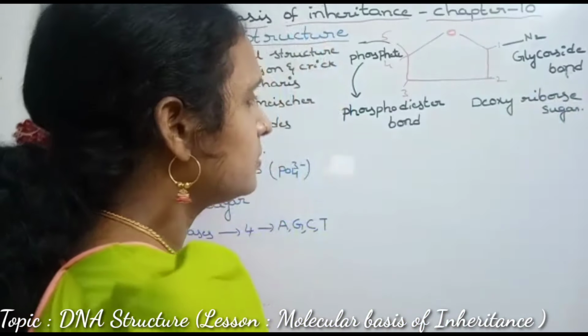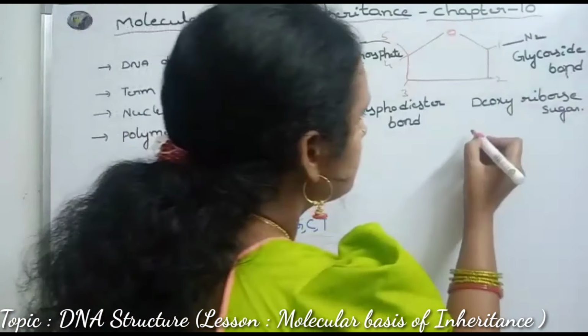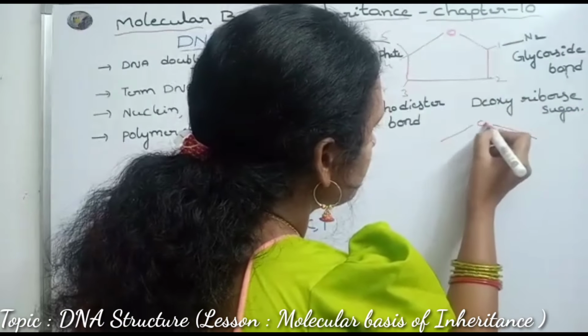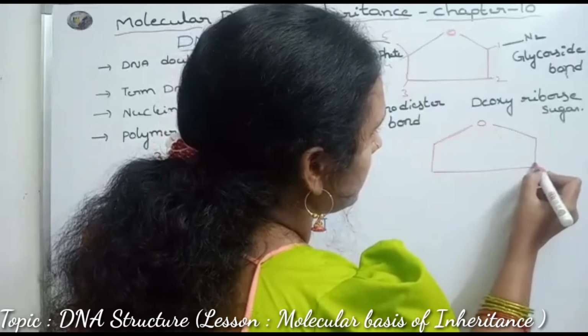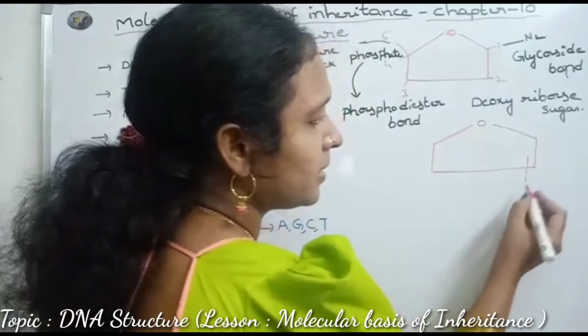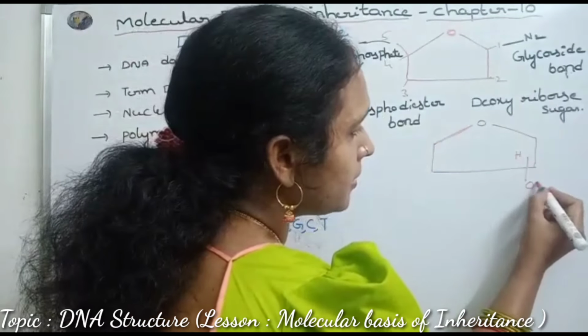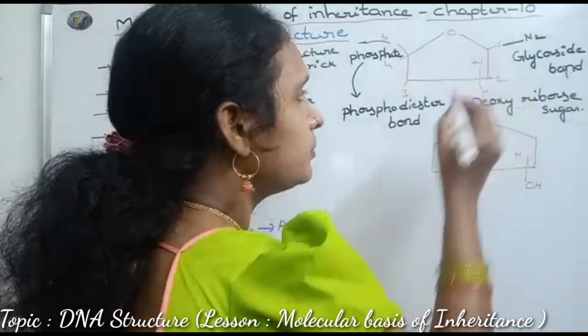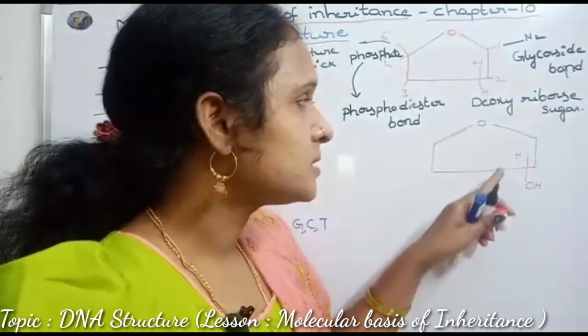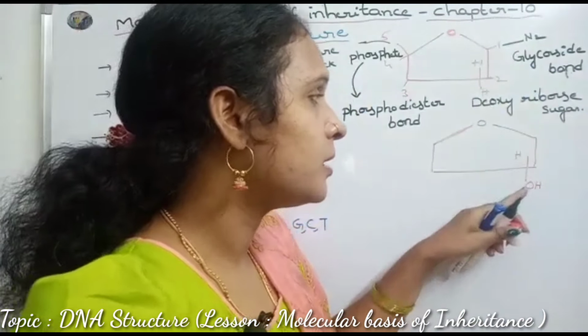In RNA, in the sugar group, the second carbon has a hydroxyl group. Here, the second carbon has a hydrogen group in DNA. In RNA, the second carbon has a hydroxyl group.